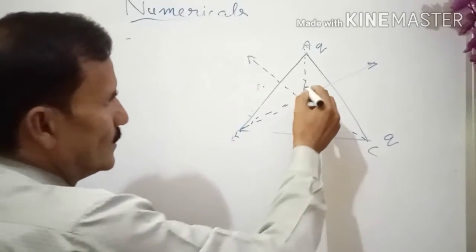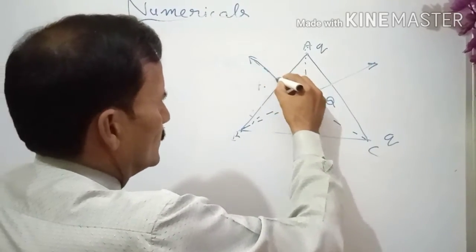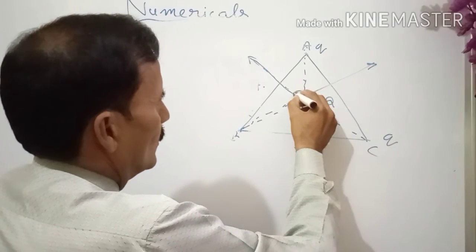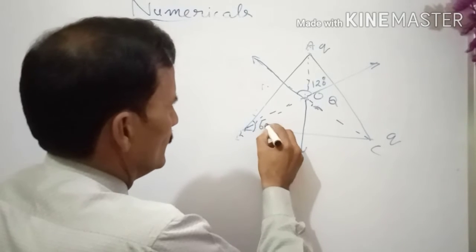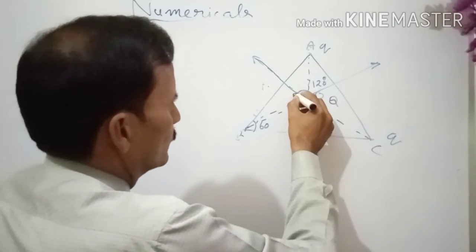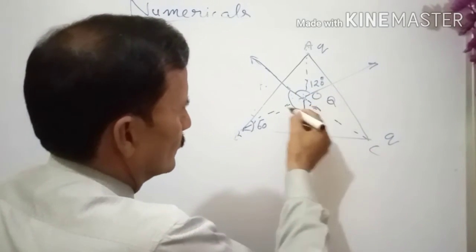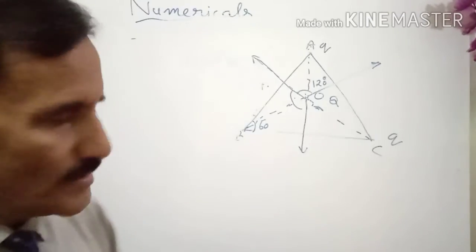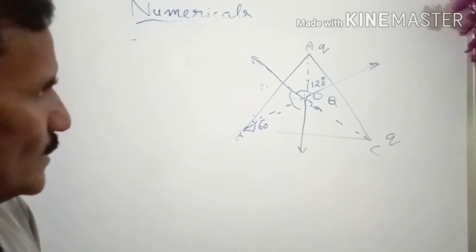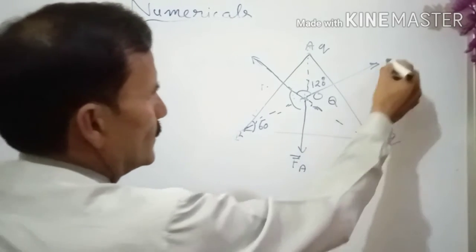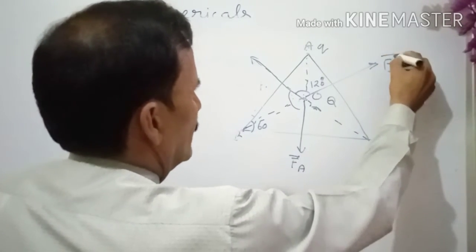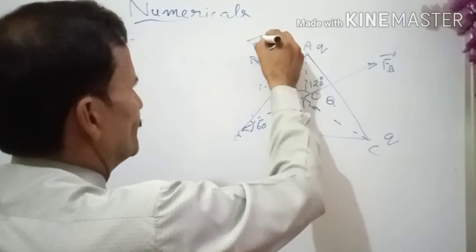And this angle is how much? This is 120 degree. So this 120, this 120, this 120, 360. Now suppose it is FA, and it is FB, and it is FC.